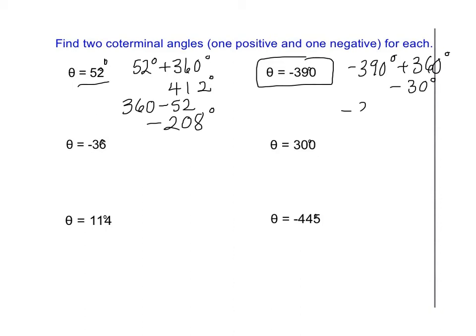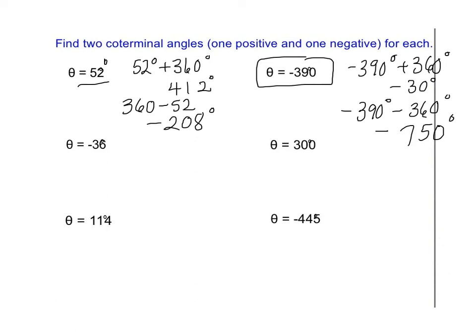If I have negative 390 minus 360, basically I'm adding them together in a negative direction. Remember that negative just means direction, opposite direction. It doesn't mean it's a negative measure at all. That's negative 750 degrees. I'm doing these quickly in my head, not checking them on a calculator, so if you find an error, be sure and let me know.